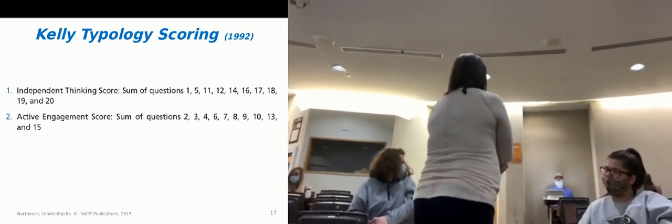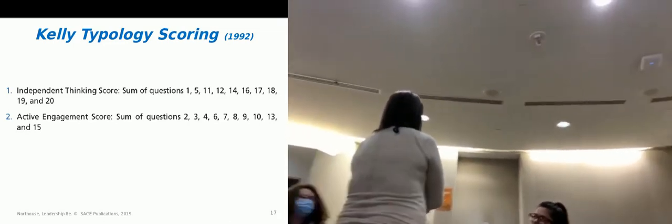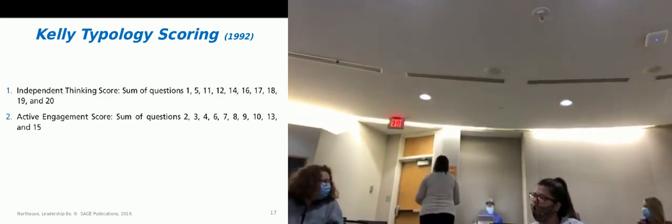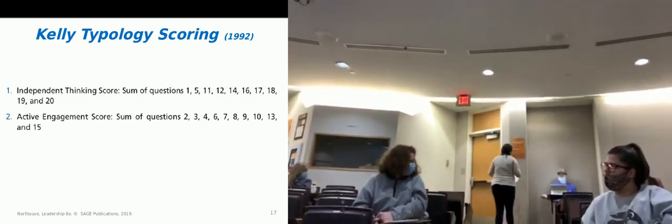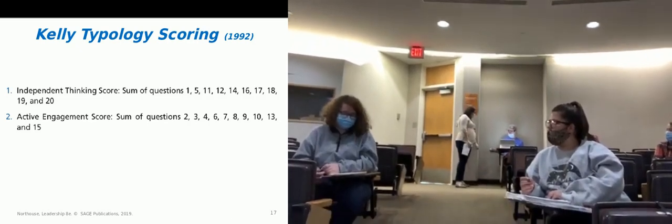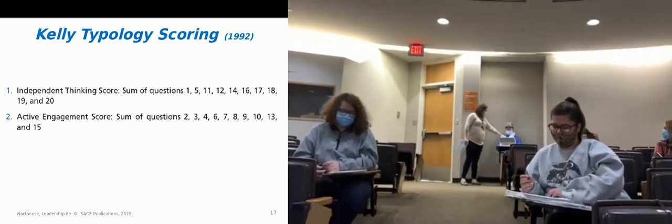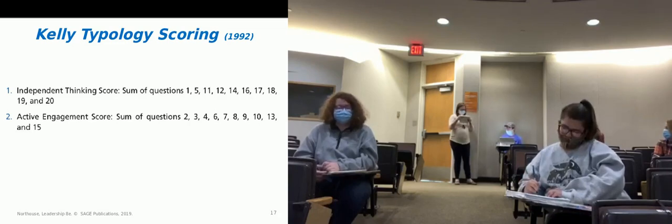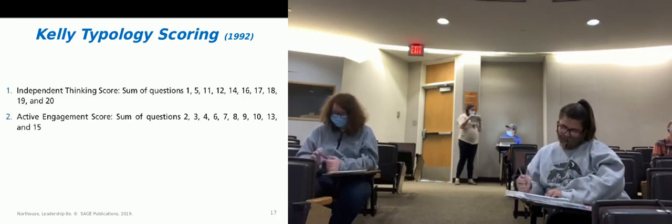39 and 42. 39 is lower than 40. So which one did you have? 39, I'm assuming that that would be your thinking score? Okay. So you don't fall between those two.